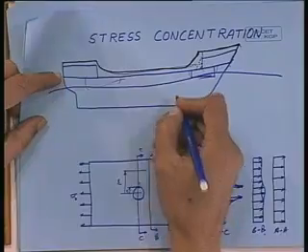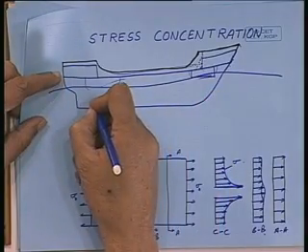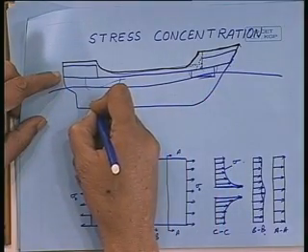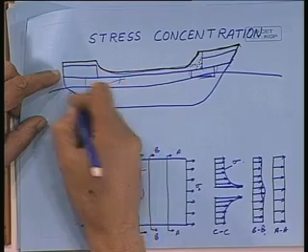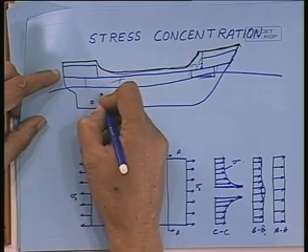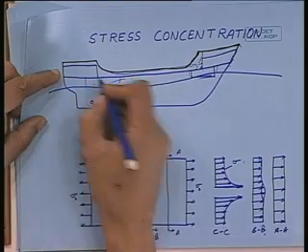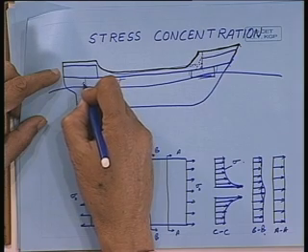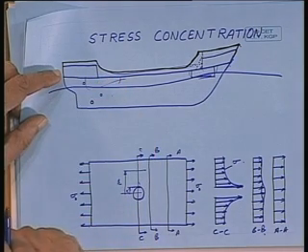Okay. Now there are other things. Near the engine room you may have many holes, either below the water line for sea intake or slightly above the water line for the discharge.